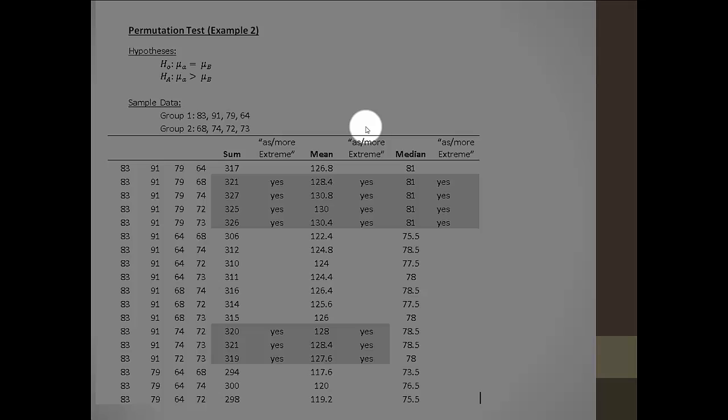No matter what statistic you use, whether it's a sum, a mean, a median, or others, you just get whatever that statistic is for your sample, get all the possible combinations, and then for every sample that you might get, compare that to what you did get, and then the total proportion of, in this case, yeses over the total number of samples, in this case it'll be 70, will give us our p-value, the likelihood that we'll get a result that's extreme if H0 is true. That is just by chance.